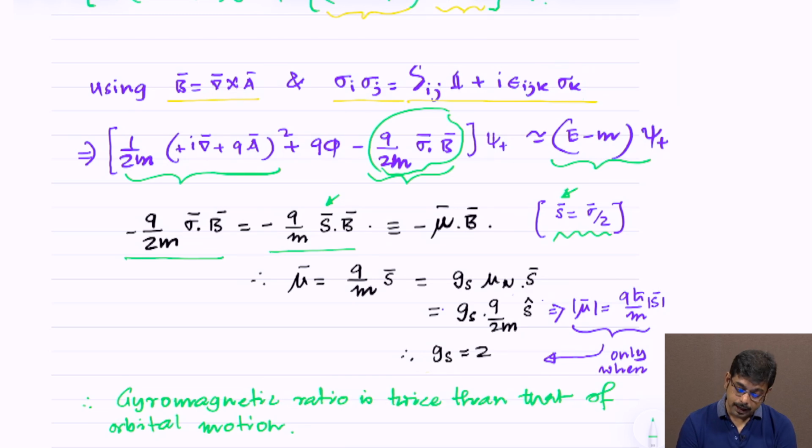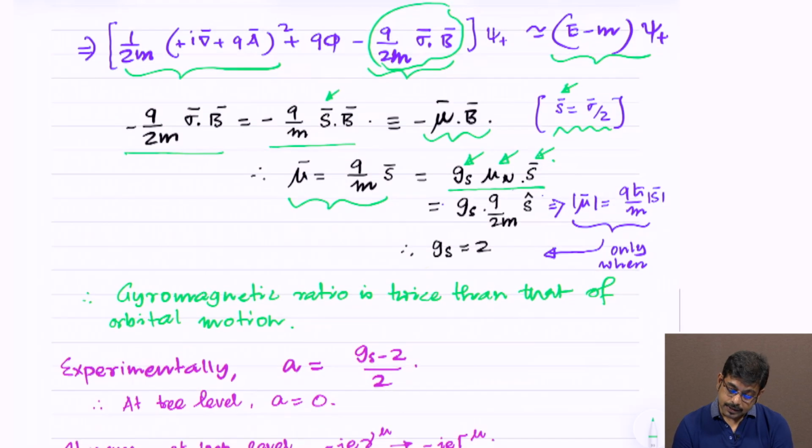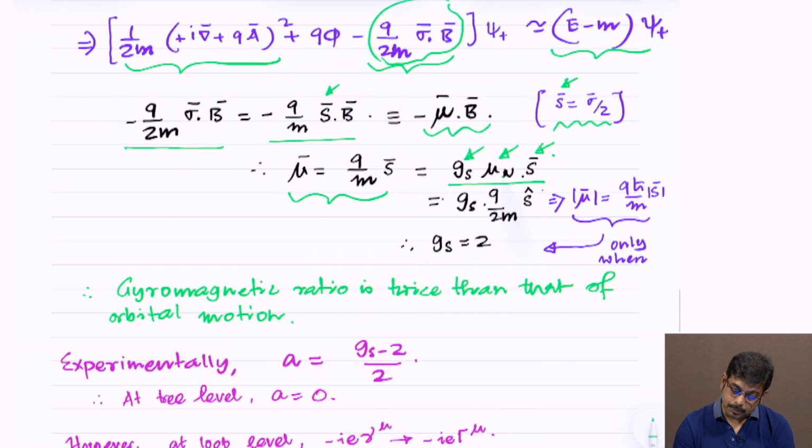Now, what is this term? This is nothing but mu dot B, where mu is the spin magnetic moment, and you can identify this mu to be q by m into S, which, from the generic definition, you write as Gs, the spin g factor, times the magneton mu n into S. What was mu n?